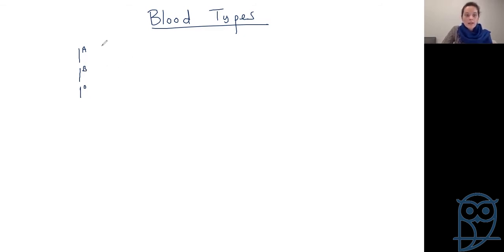Okay, it's slightly more interesting than our cattle because these guys are codominant, and poor little IO is recessive. So now we've got even more different options than we're considering. So let us think about the possible genotypes and phenotypes that we could get out of all of these.